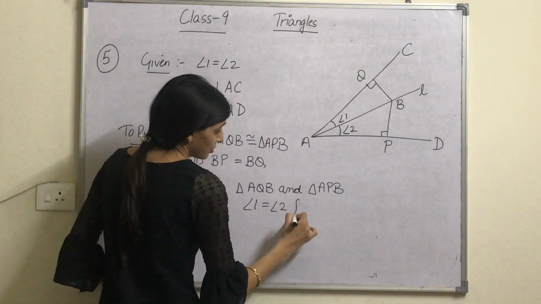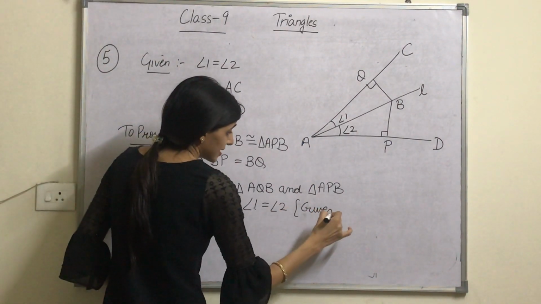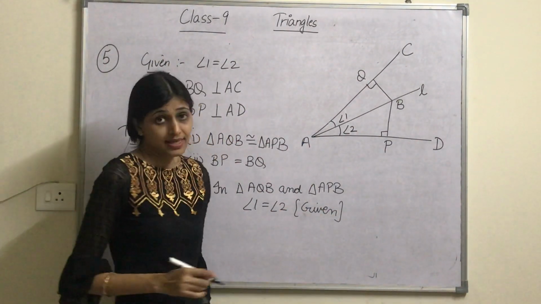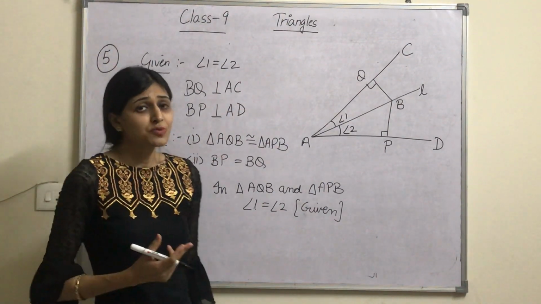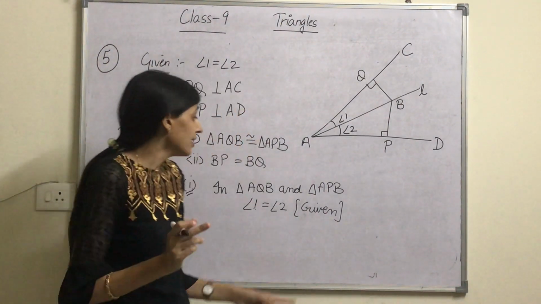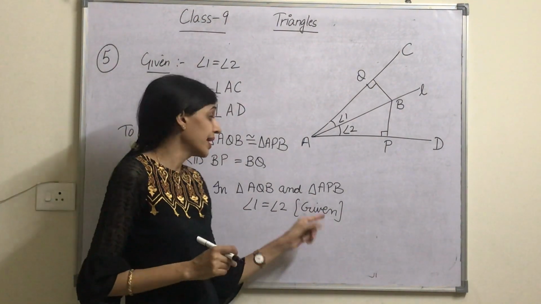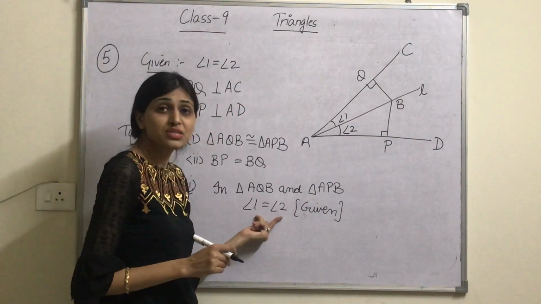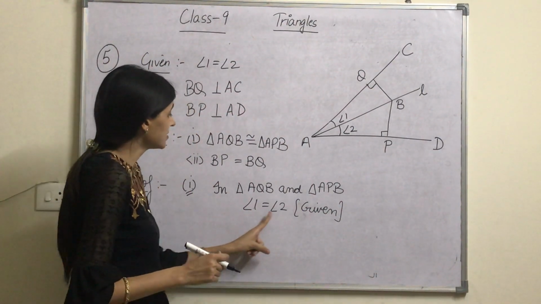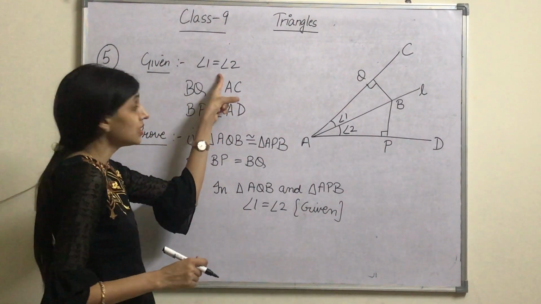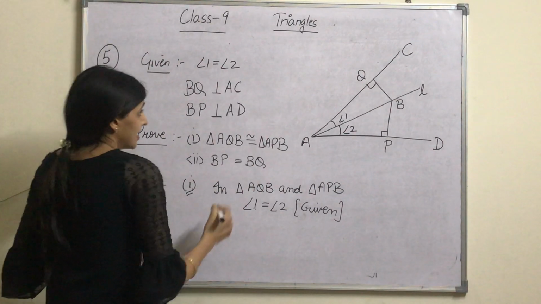This is given to you. Write the reason always in the bracket, because if you will not specify the reason, then the marks will be deducted. So you have to always specify from where you get this result. Okay, so angle 1 is equals to angle 2. This is from the given part, right?